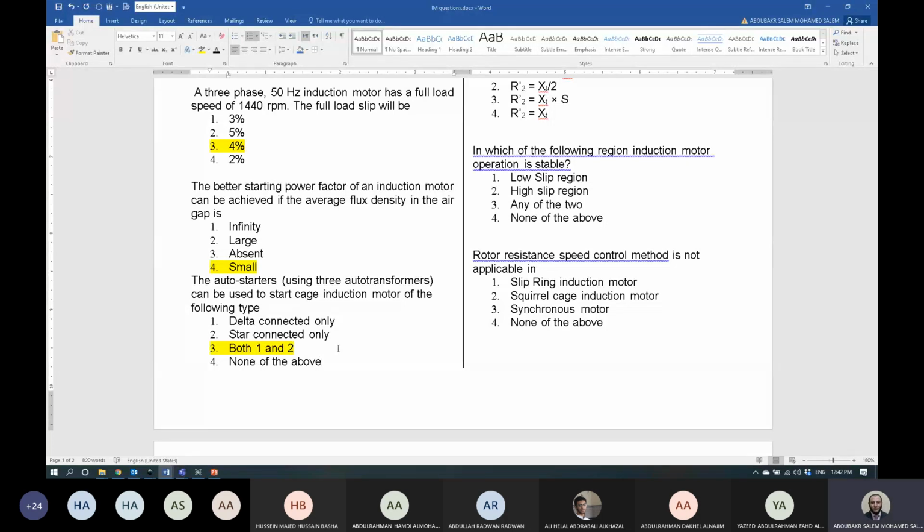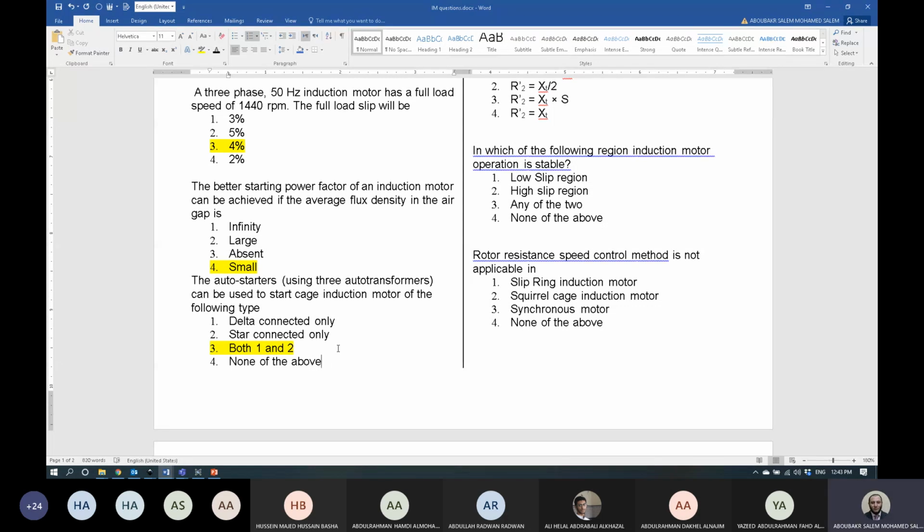I mean, what will the auto transformer make in order to start the machine, guys? We just discussed it in the last class. When we start with auto transformer, what happens? The voltage, guys, the voltage should be decreased. Right or wrong?